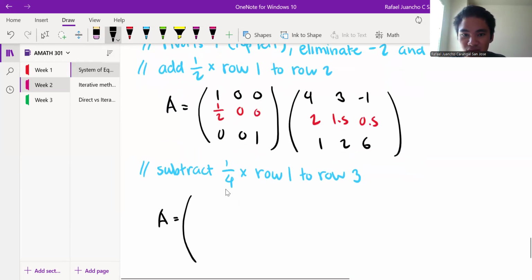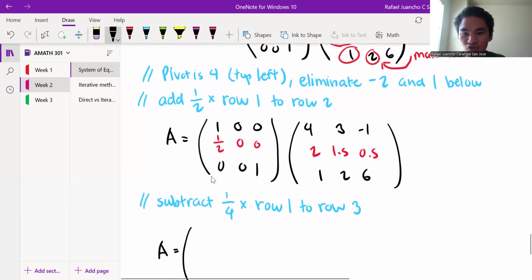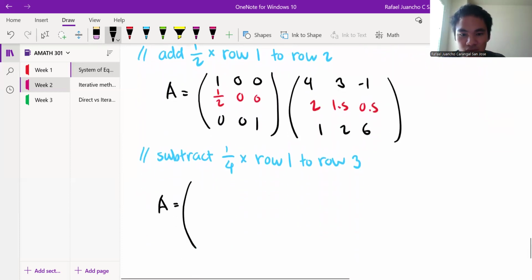Oh crap, I was supposed to switch. Wait, so confused.